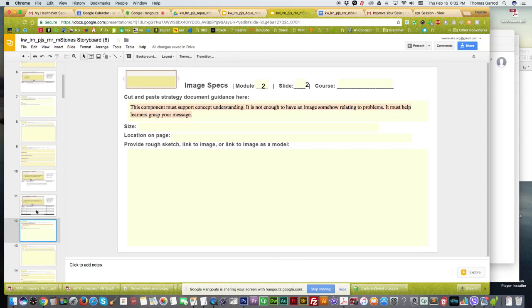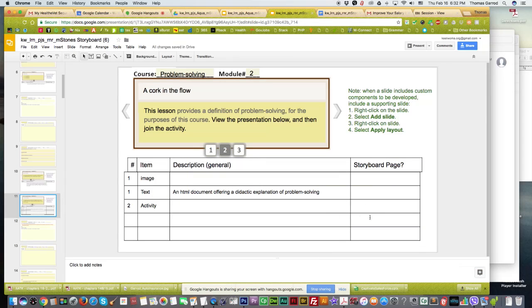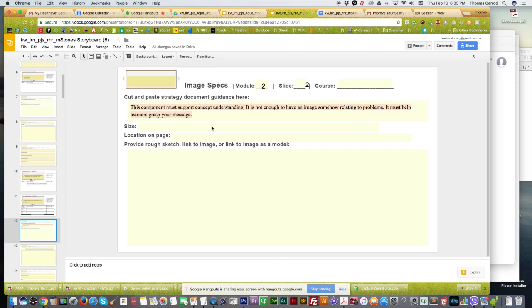Like this is 12, so this is the image, so this should be 12. So this first slide is simply putting the proper information that will go on the slider and then indicating what components are going to be in for this slider and where you're going to find them on this film strip here.